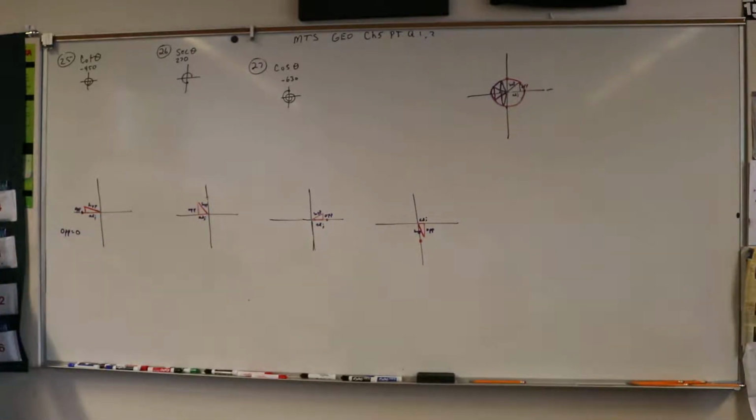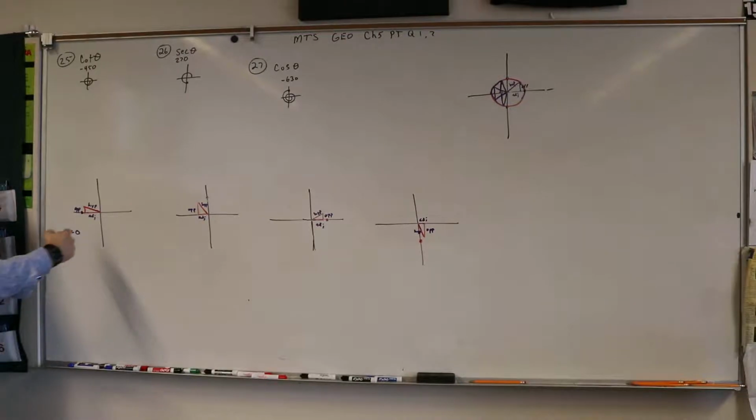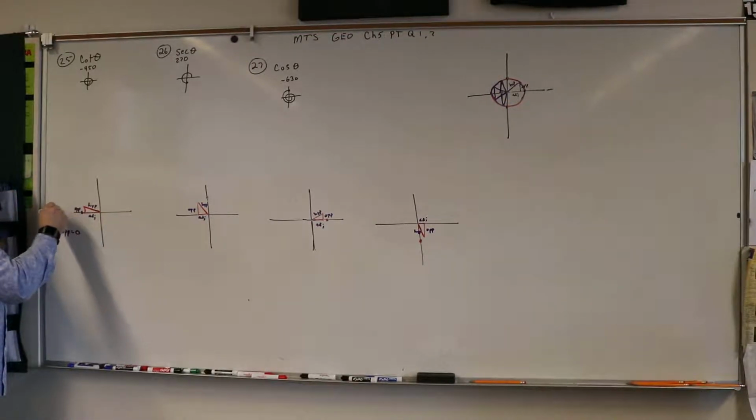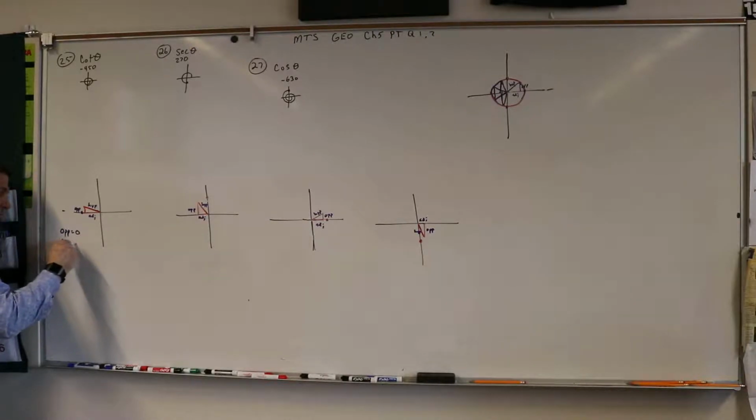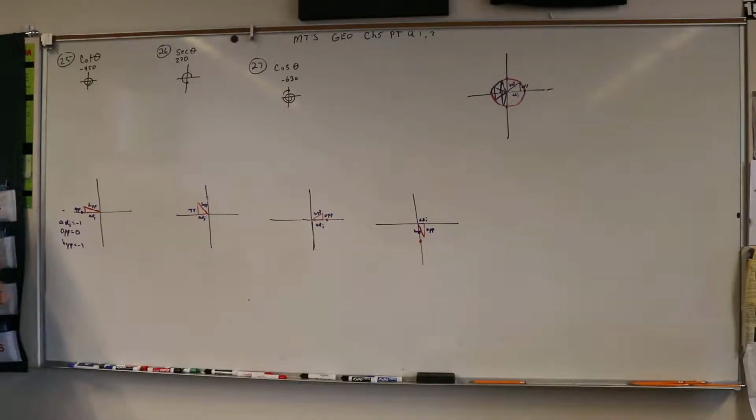But the adjacent side becomes the same length as the hypotenuse. And because this is negative, the hypotenuse is going to be -1, and the adjacent side is also going to be -1.